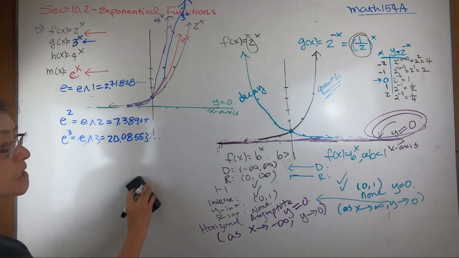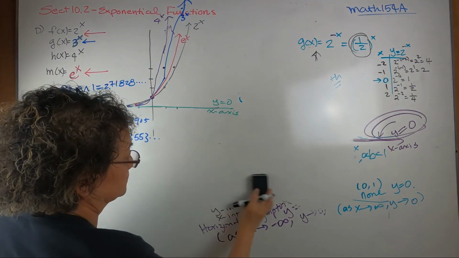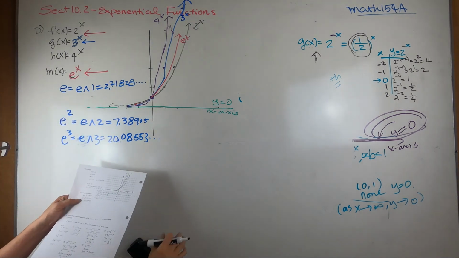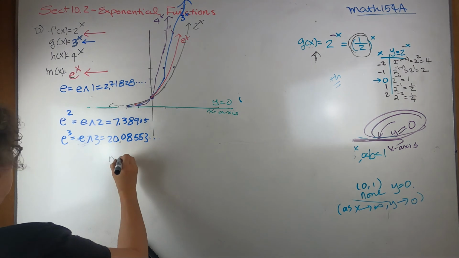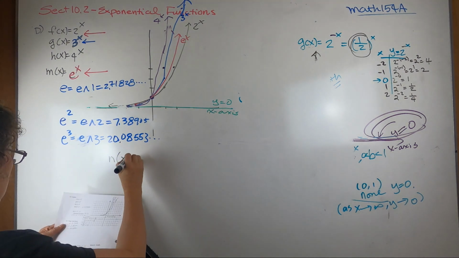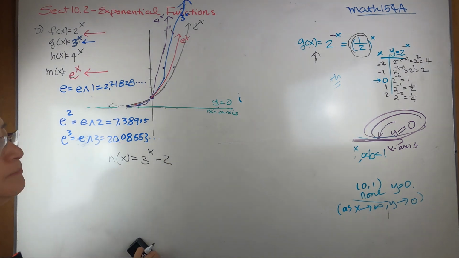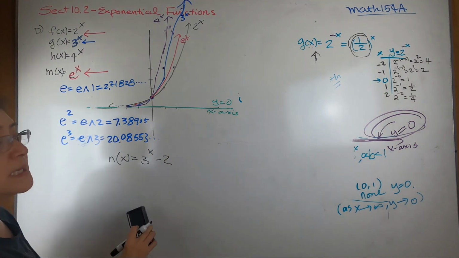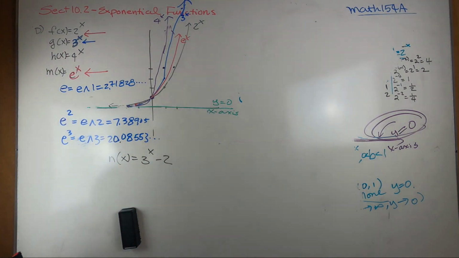If we have things like, if I have a function, n of x is 3^x minus 2. It's like your quadratic function.